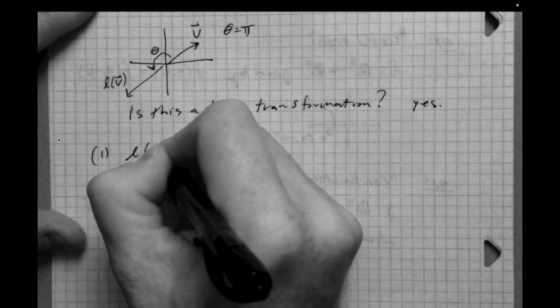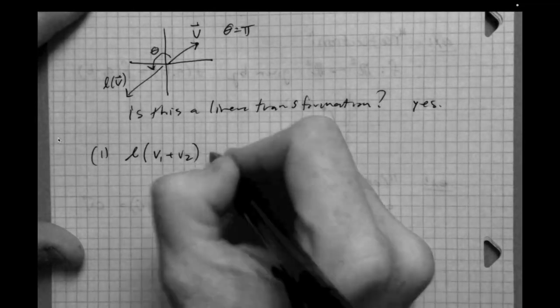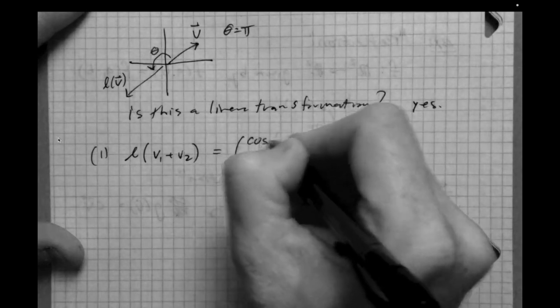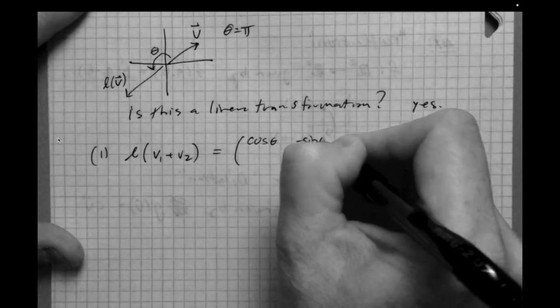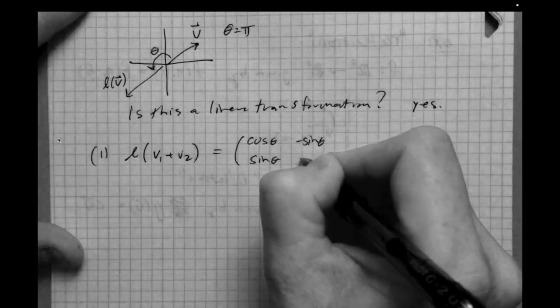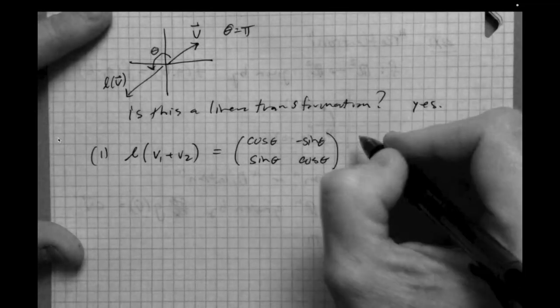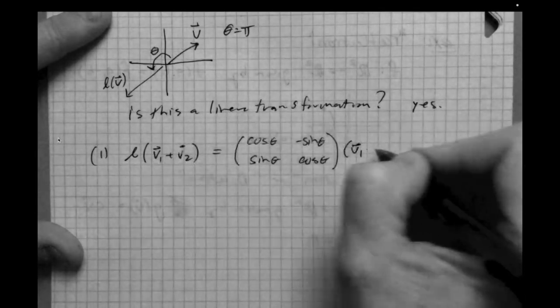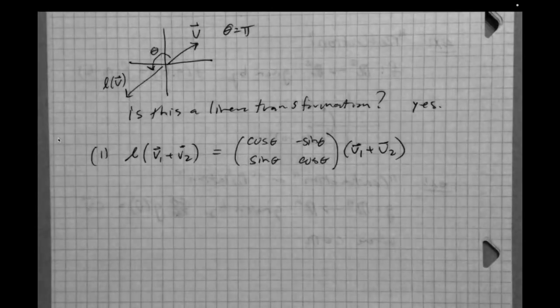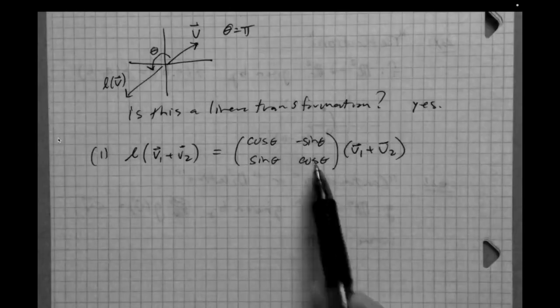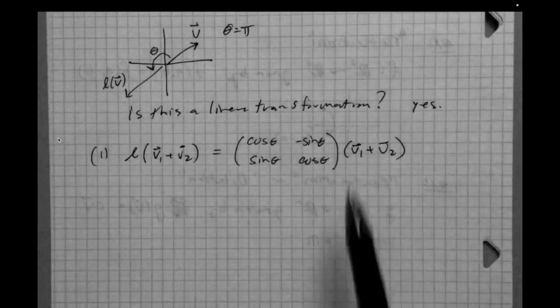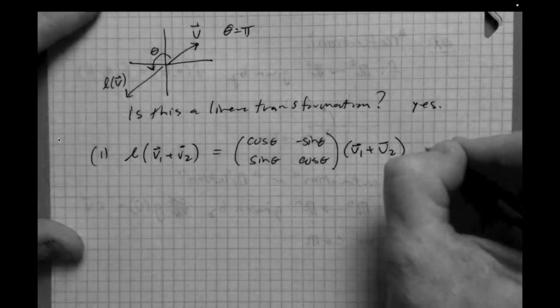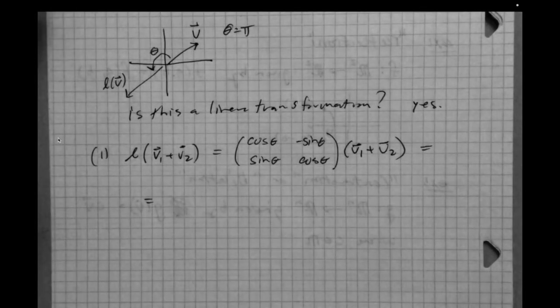So let's look at L of v1 plus v2. If I apply that, that basically means I have to multiply by this matrix. These are vectors, so let me put that on there just to make sure. And what happens when I multiply a matrix times the sum of two vectors? I can distribute, right? We know that from early matrix and vector operations.